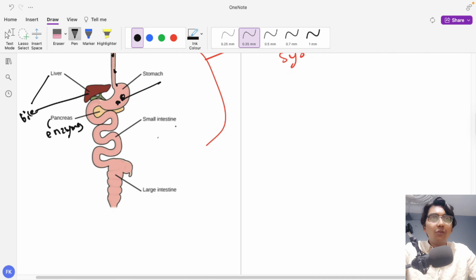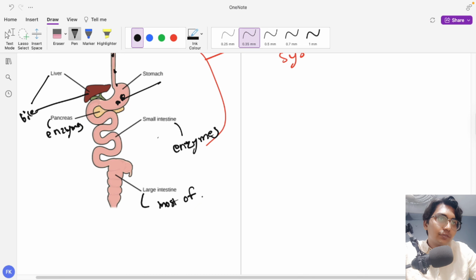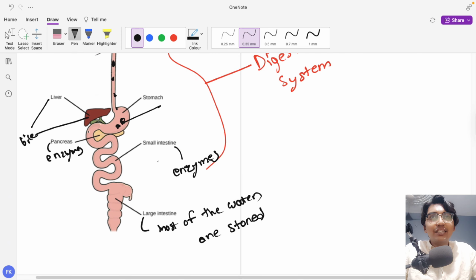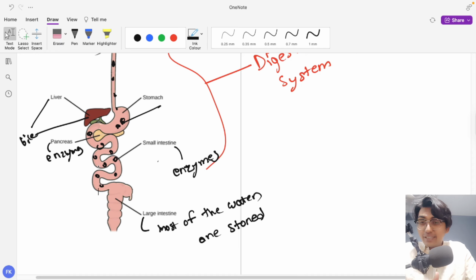The small intestine also releases enzymes to break down the food particle. As you can see, the large intestine is where most of the water is stored. So the main function is that the food particle passes through different organs and it is getting broken down so that we can get the required nutrients from the food.